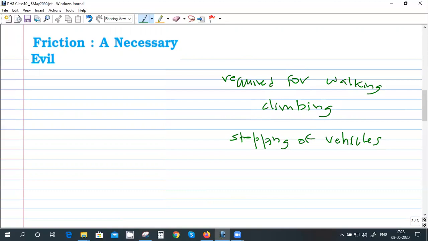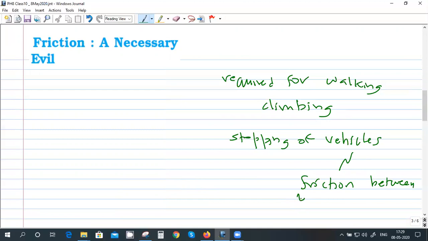Brakes of a car. You apply the brake and then what happens? The vehicle stops, right? The vehicle stops because of friction between what and what? Between the brake disc and the wheel.